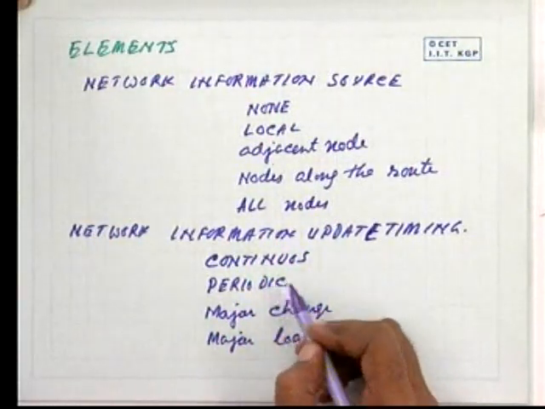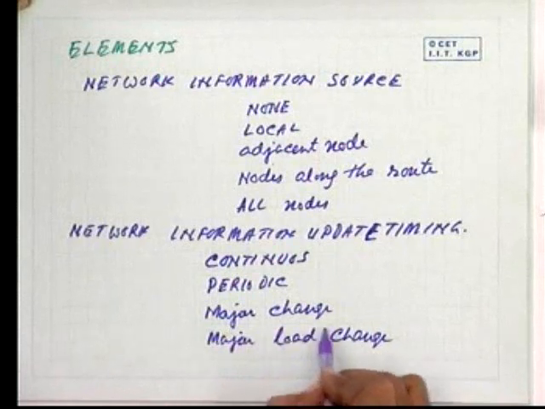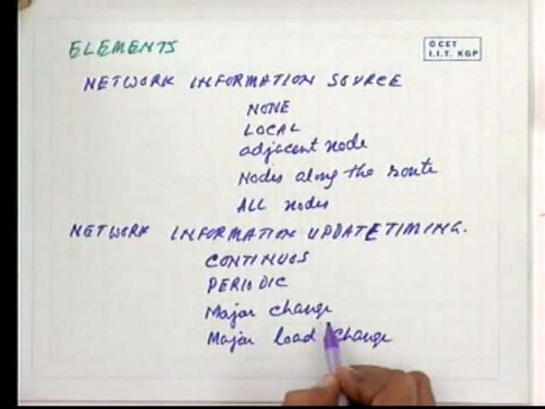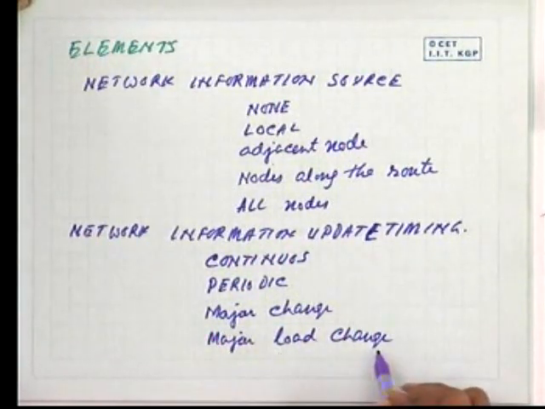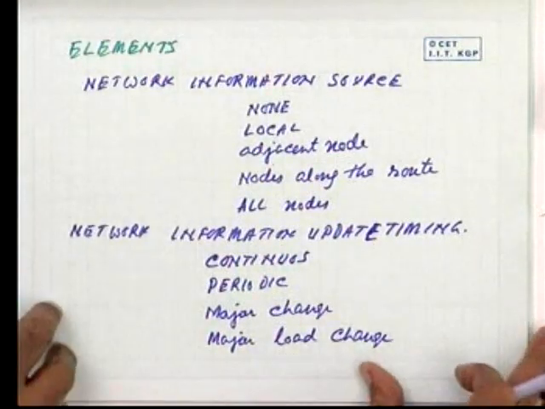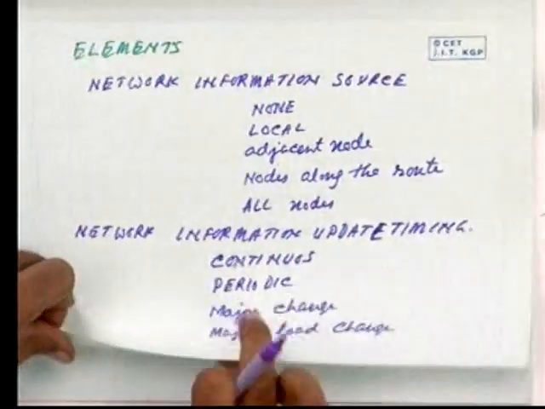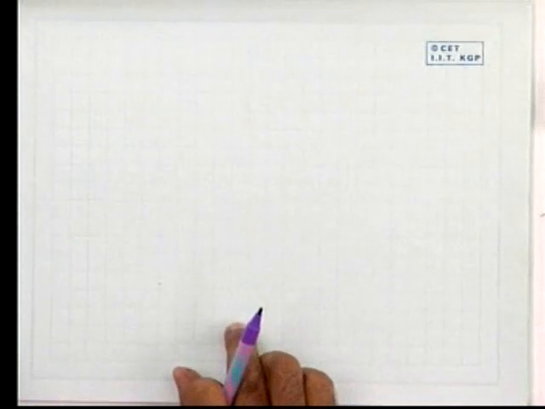On the other hand, if it is static, then only when major changes take place in the topology or major load change takes place, then it can be done. Let us now consider some of the routing approaches.